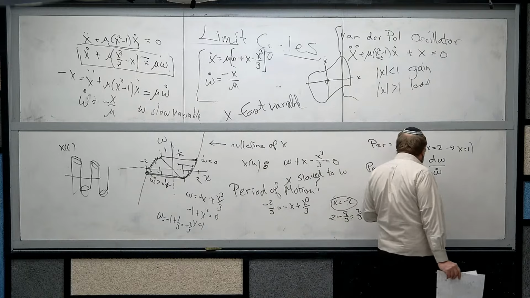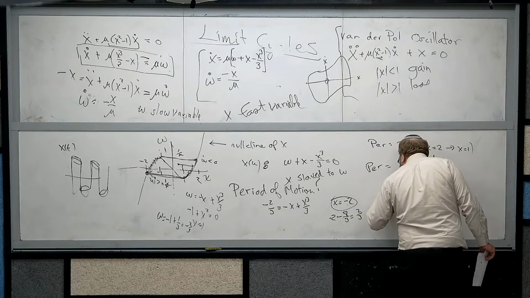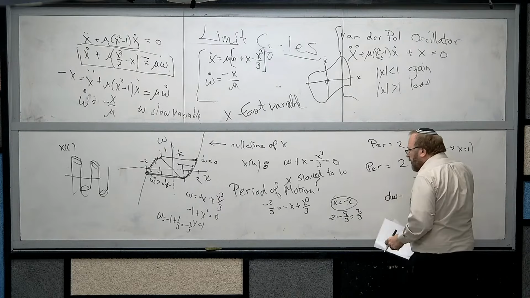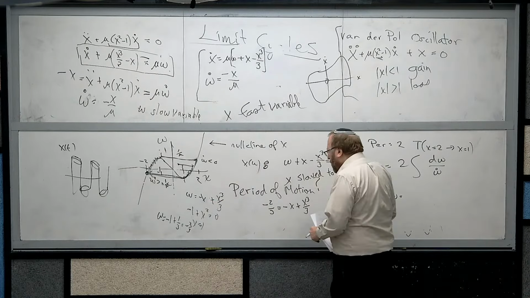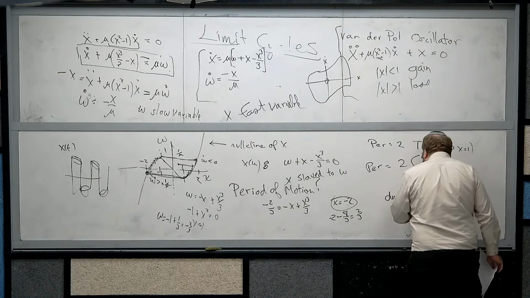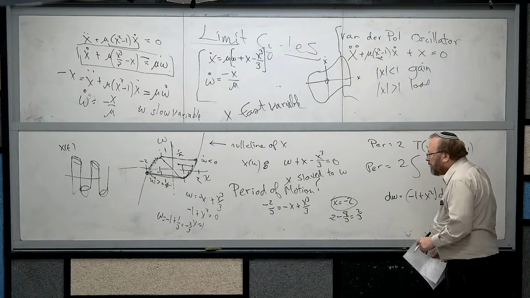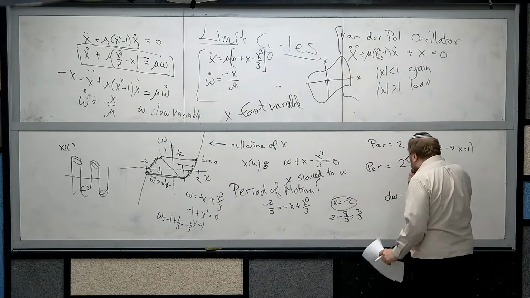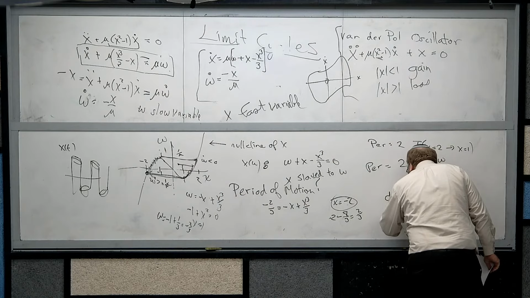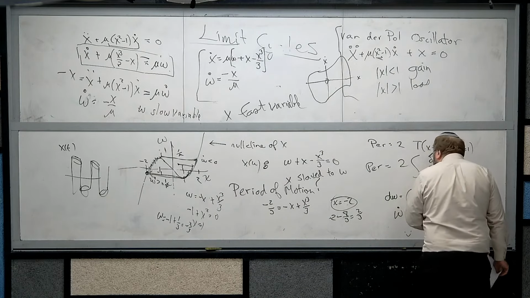But we're going to change variables, because along the null line, d omega is the derivative of this. It's minus 1 plus x squared dx, because we have this equation, that's the null line, and omega dot equals minus x over mu.